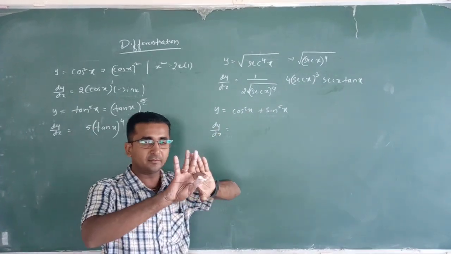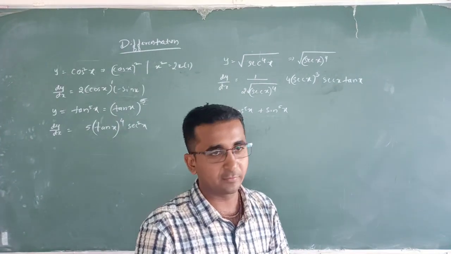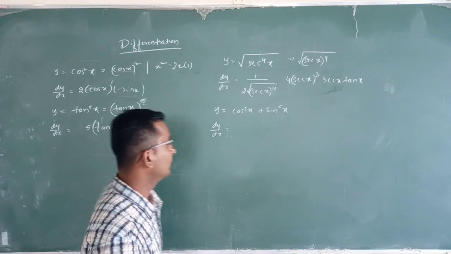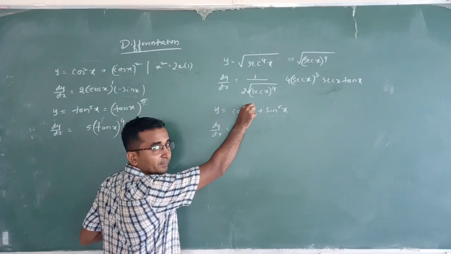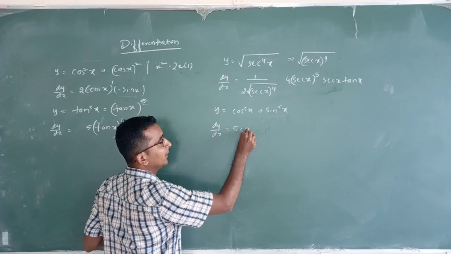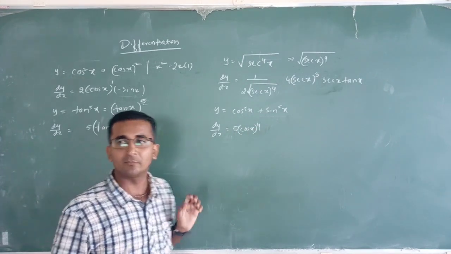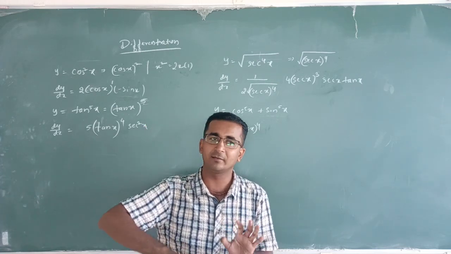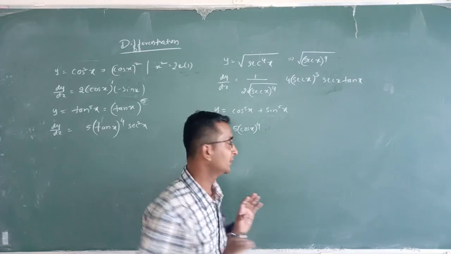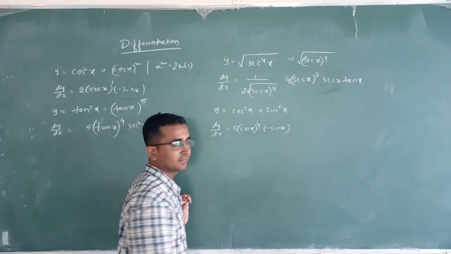We have to differentiate both functions separately with respect to x. Getting? Okay. Then cos raised to 5x means this is cos x whole raised to 5. It means 5 cos x raised to 4. One power is reduced. Differentiation means the power of x goes on decreasing. Then differentiation of cos x is minus sin x.